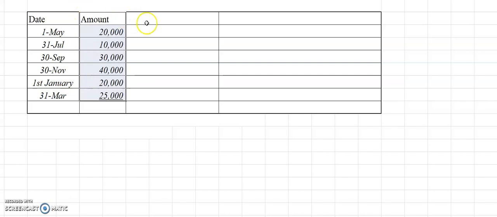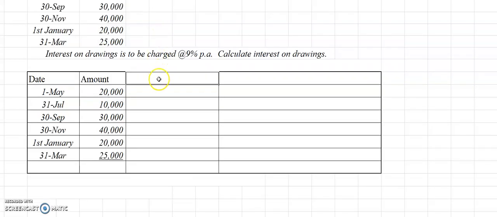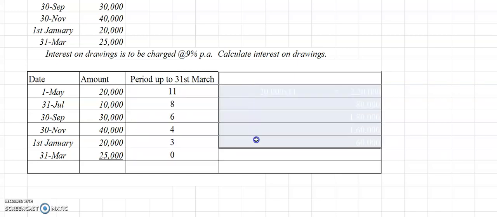The same way we have to write here, and here amounts will be written, and here we will be writing the period up to 31st March. Only the last column heading changes, that we will write as the product.